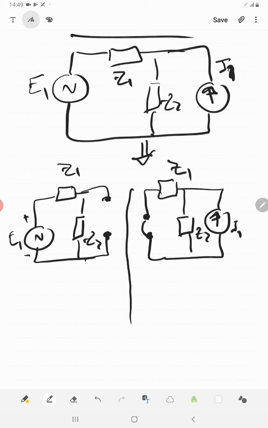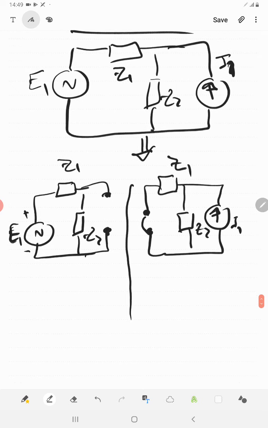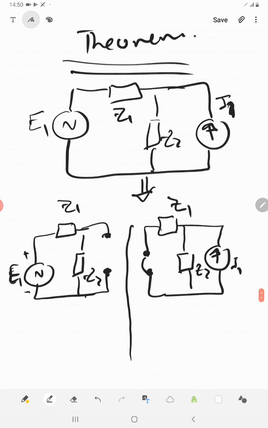In the first circuit we keep the voltage source and remove the current source I1, so we make it open. In the second circuit, we keep the current source and remove the voltage source E1. A voltage source, when we remove it, we make it a short circuit. So suppose that we want to find I1.